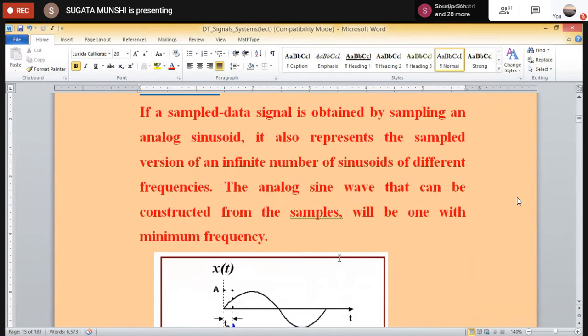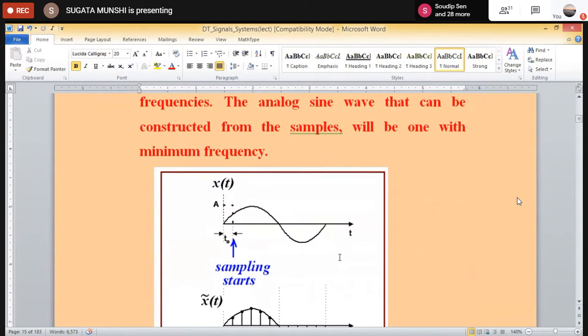So we consider that we have an analog sinusoid x(t), it is sampled at a rate fs, and the sampling starts at the instant t naught. For the sake of generality, I am considering that the sampling starts at the instant t equal to t naught.